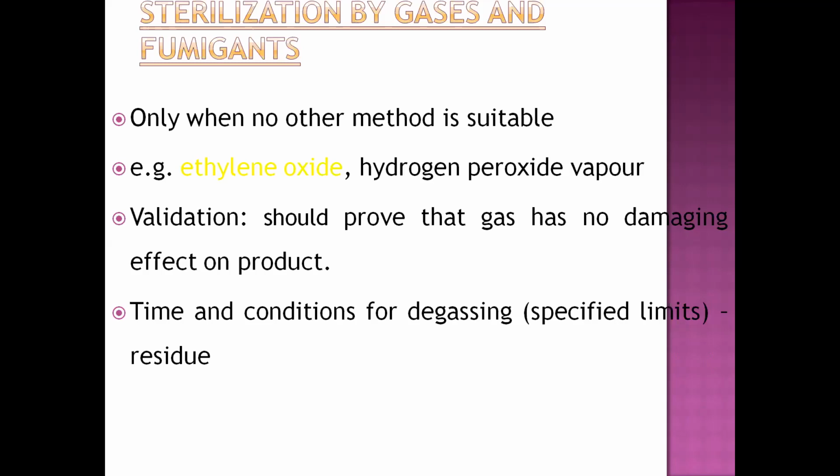In such cases, sterilization by gases and fumigants. Example, ethylene oxide, hydrogen peroxide vapors. Validation: prove that gas has no damaging effect on the product. During validation, we should ensure that the gas has no damaging effect on the product which is sterilized. And what is the time and conditions for degassing?